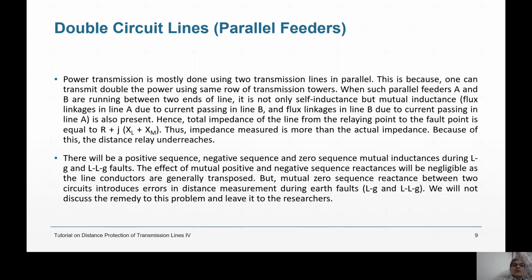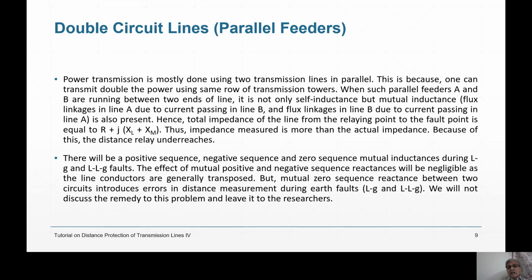That is what we are considering. Z is R plus jX. That X is due to the current flowing in that particular line. Say that there are two lines, line A and line B. Because of line A, X is there and that it measures.